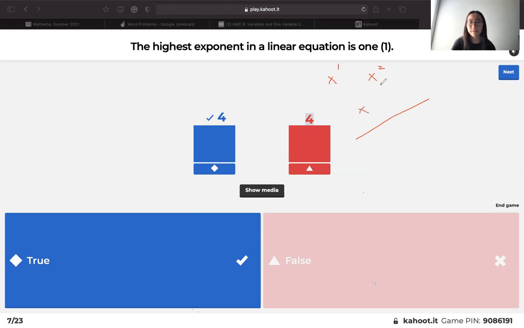But then if you have like an exponent of 2, then your equation looks something like this if you graph it out, and that's not a linear equation anymore. But don't worry too much about that because you will learn more about that later.